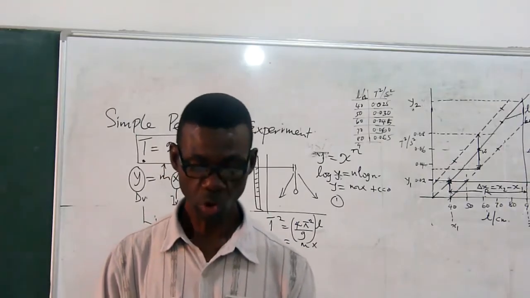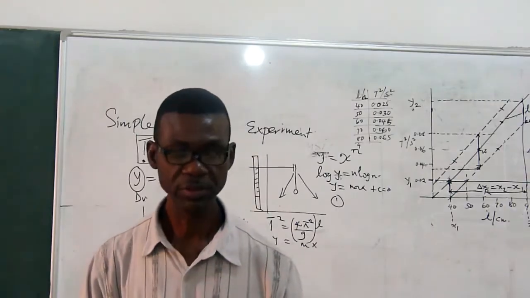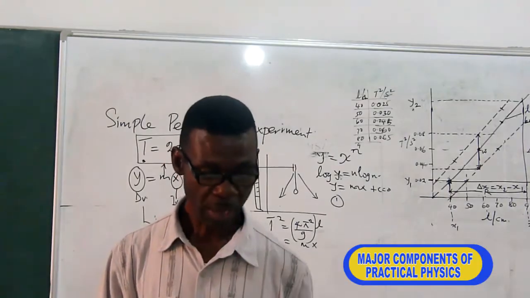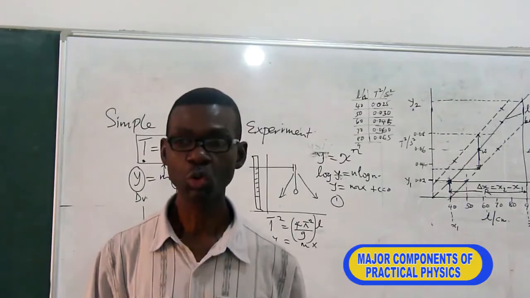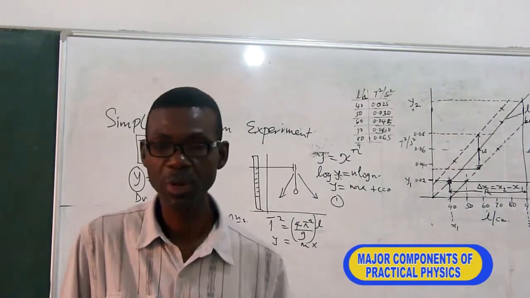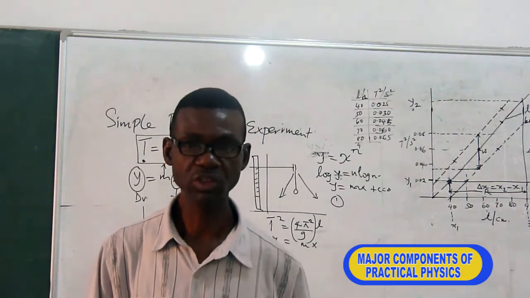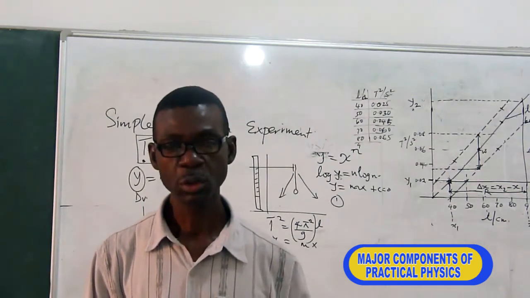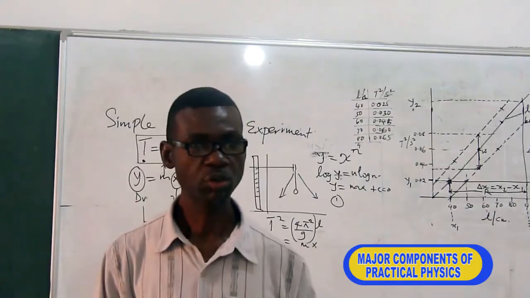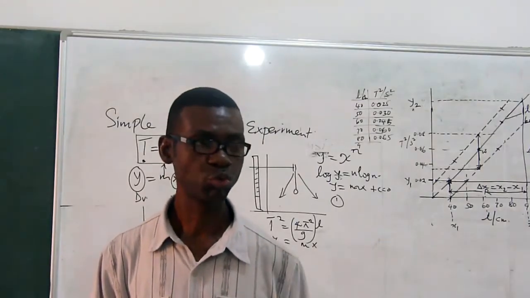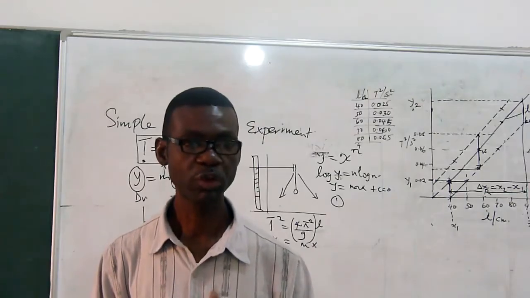Now, what are the major components of practical physics? Number one, like I said, what you come to do when you are performing an experiment is to verify a law, a hypothesis, or a theory. So when you come to the lab, there must be a theoretical basis for what you want to do. You have a theory you want to verify.